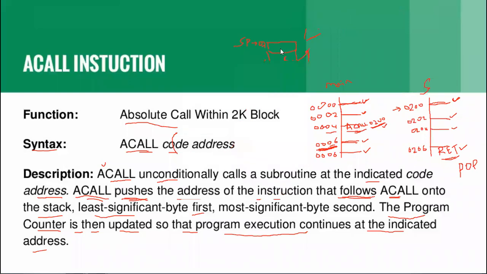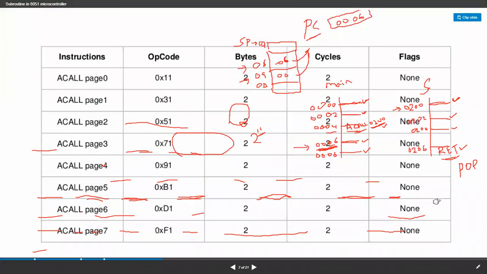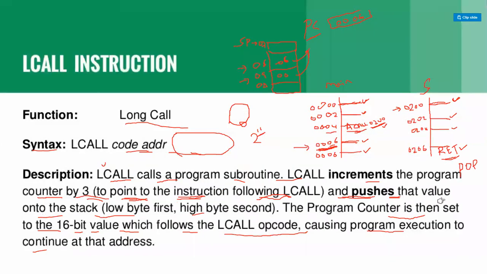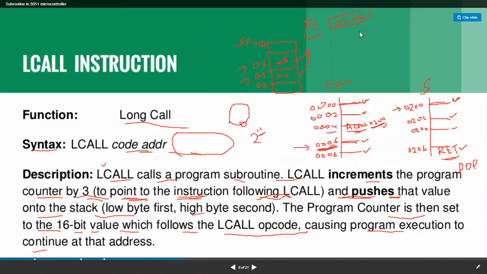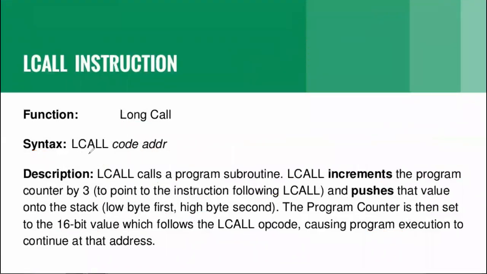Yes. So now it is in a similar way. The new value of the program counter is replaced with the bits. In the similar way, we have the LCALL instruction.